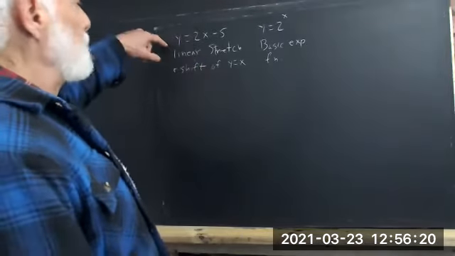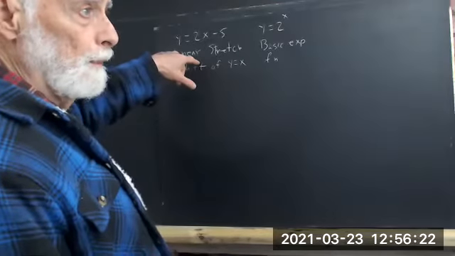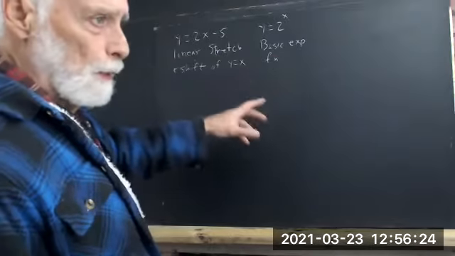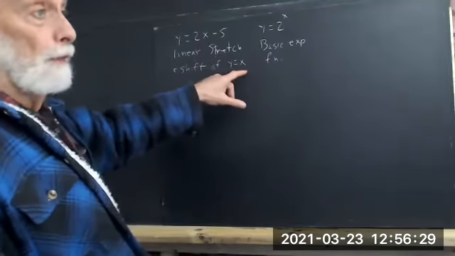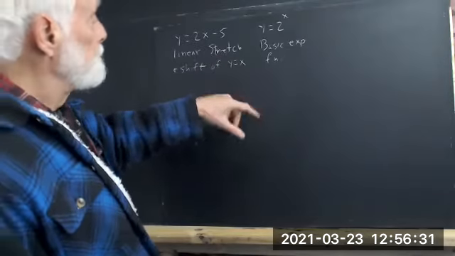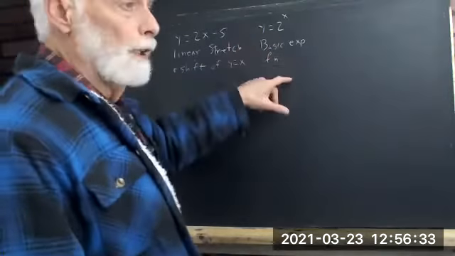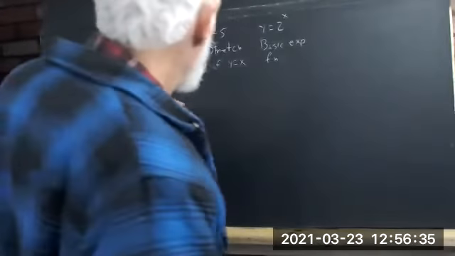So again, we have just any old linear function. It can always be expressed in a way that you should by now understand quite well as a stretch and a shift of the y equals x function. We have our basic exponential function. Okay, so we have a linear function and an exponential function.